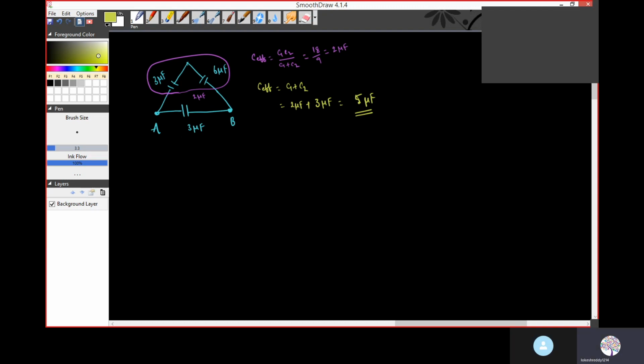Now see this one, an important model. This is connected by a wire, the wire is connected like this.